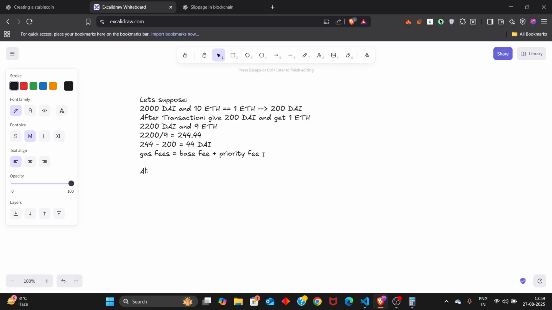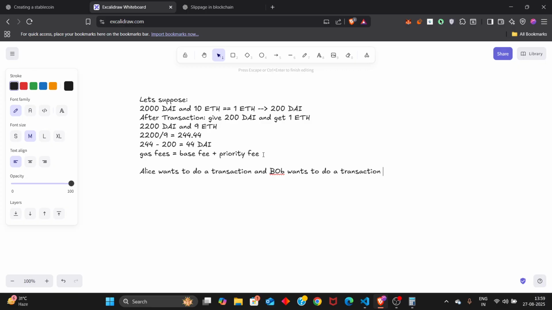Alice wants to do a transaction, and Bob also wants to do a transaction.